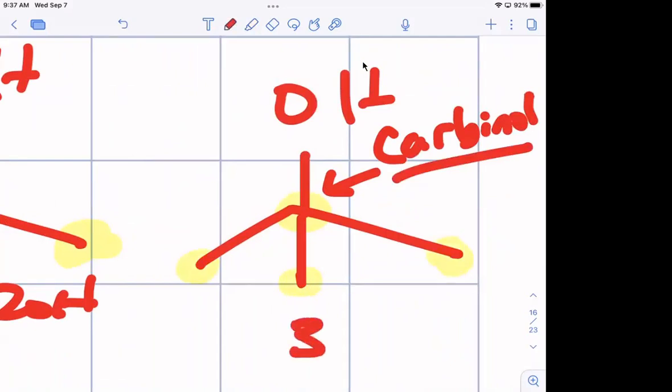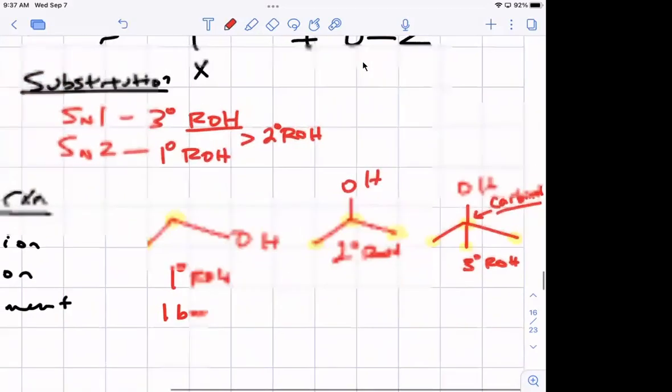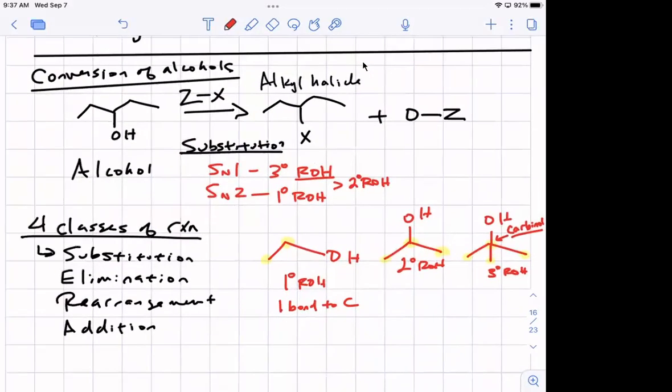So it's tertiary. Primary, secondary, tertiary, you're going to hear that terminology a lot, so that's why I'm introducing it now. Primary alcohols, when they undergo substitution, typically go SN2. Secondary could be either. Tertiary is SN1. Any questions so far?